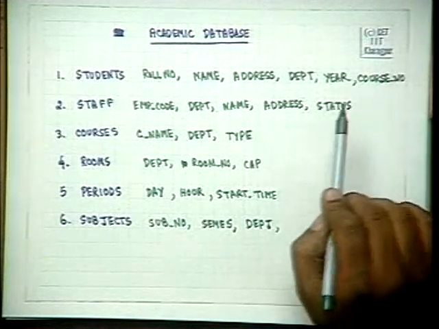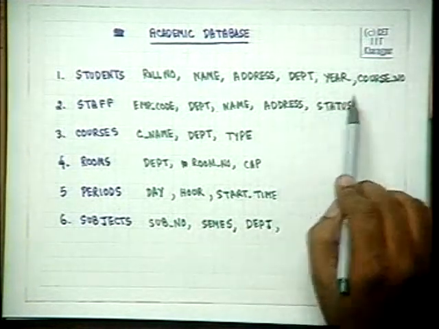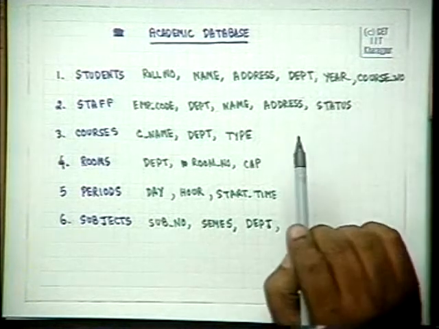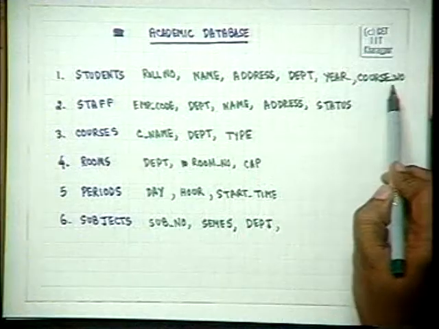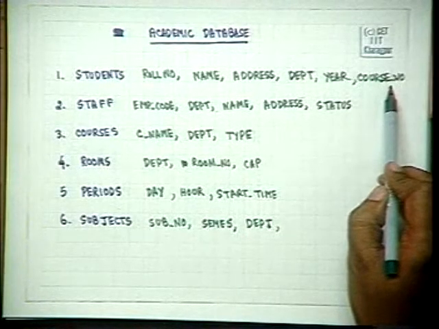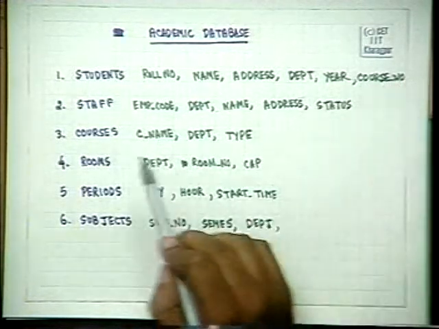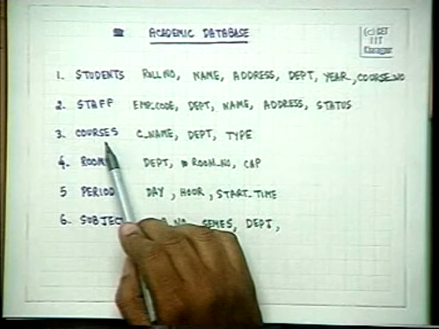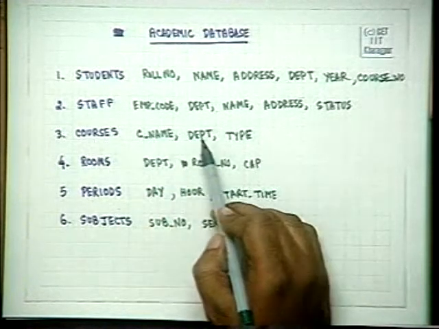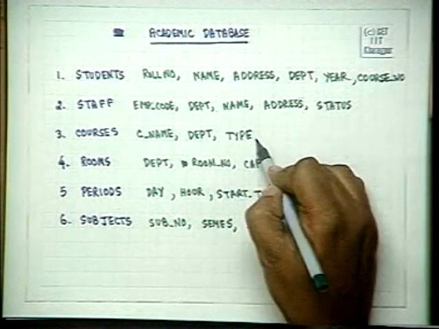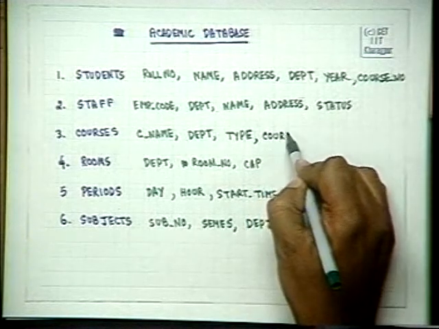He is taking an MTech course or a BTech course. An MTech course of an electronics department may offer 5 MTech courses, and the particular MTech course for the electronics department will be the course number. That is what it is. So whereas courses is a course name, department and type, and we can also have a course number here. You are right.